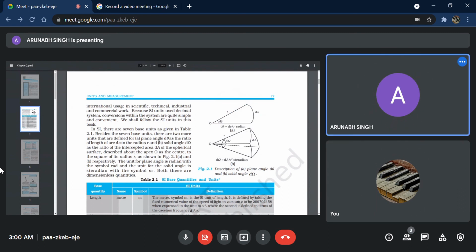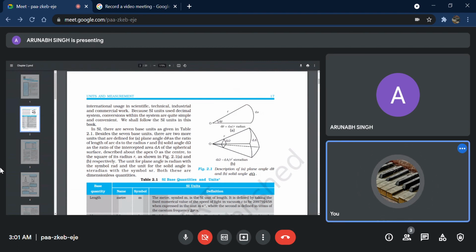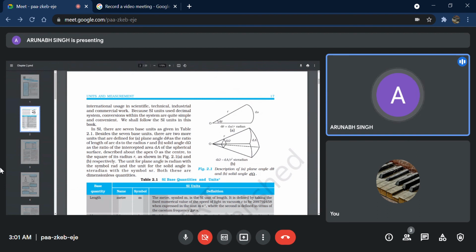Why? Because when we cover the entire circle, it is equivalent to covering 360 degrees, which is defined as 2 pi in radians. Okay, previously I said that this angle measurement is the length covered here, right?